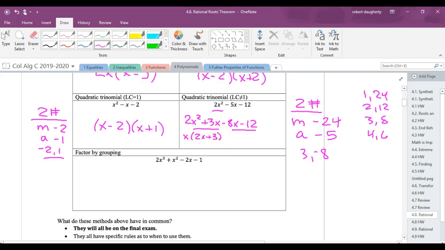Whatever the sign is that I see next, the minus sign, copy that down. What do the 8 and the 12 have in common? Yeah, so 4. What do you multiply negative 4 by to get a negative 8x? Yeah, 2x. What do you multiply negative 4 by to get a negative 12? Positive 3. So what is this factorization? X minus 4, 2x plus 3.